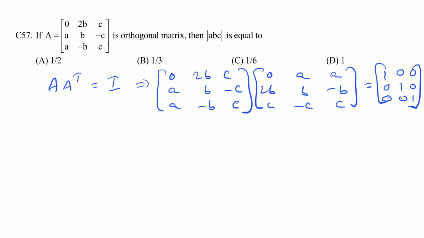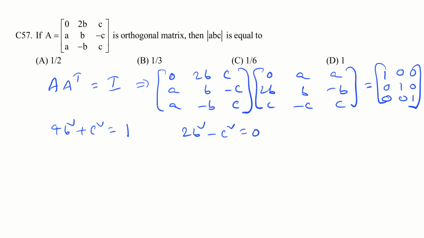And now taking the product and equating the corresponding entries on both the sides, if I go for the 1 1 entry, I'm getting 4b square plus c square is equal to 1. If I go for the 1 2 entry, I'll get 2b square minus c square is equal to 0.